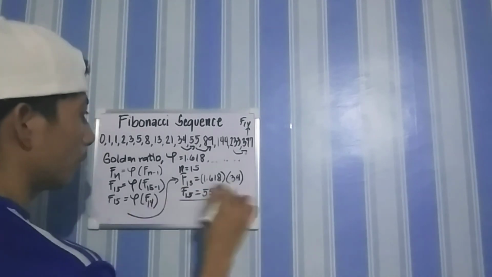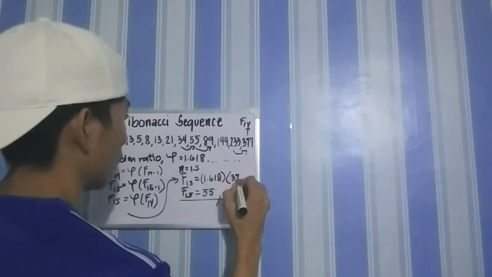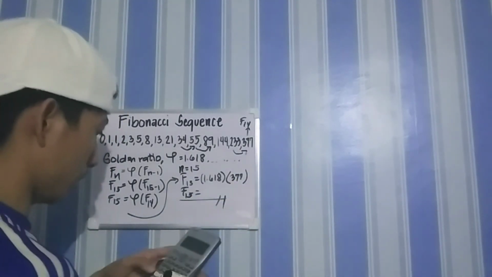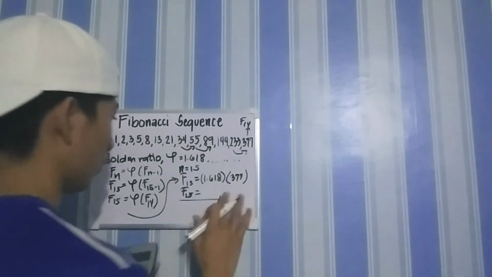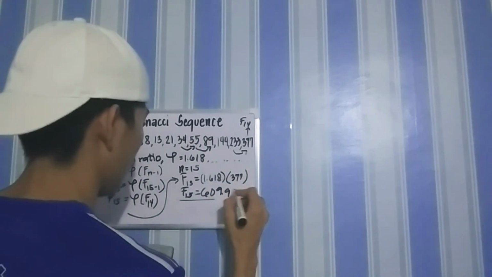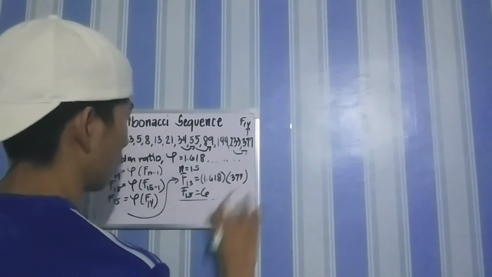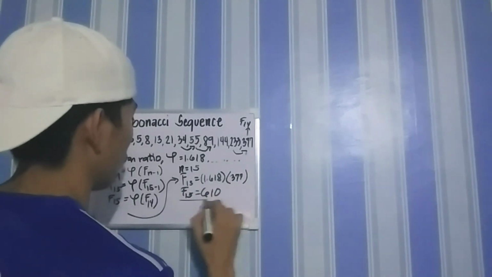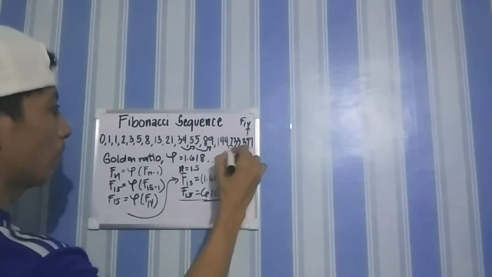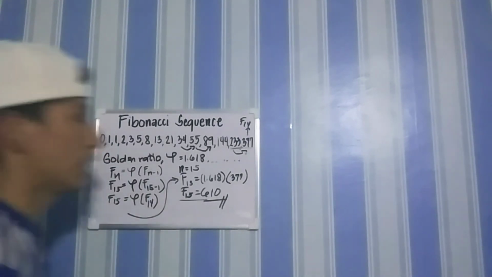So our f sub 14 is equal to 377. The product, 1.618 times 377, is equal to 609.986. Rounding up, this equals 610, which is correct because when we add 377 and 233, that is equal to 610.